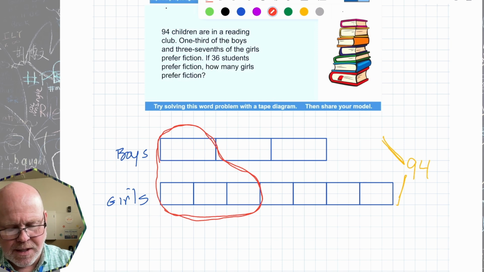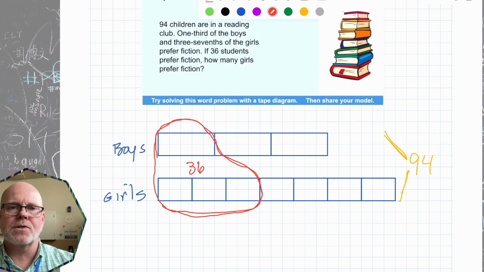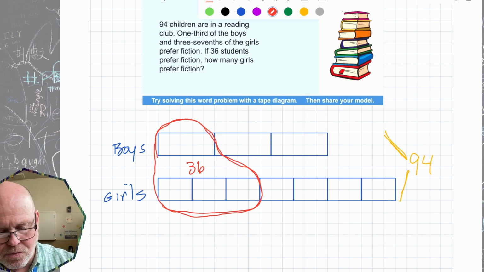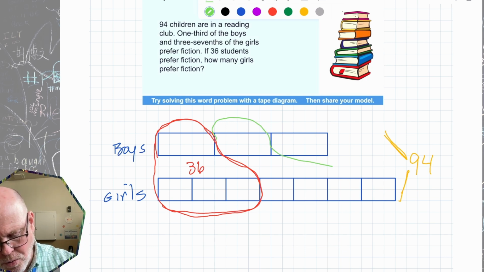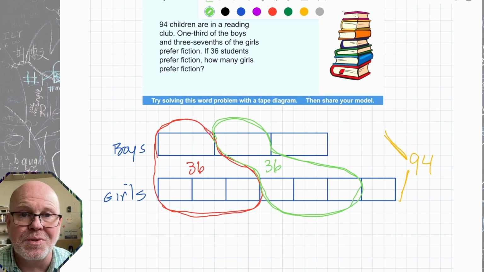And that's 36 students. So 1 boy unit plus 3 girl units equals 36 students, which means if I circle another boy unit and another 3 girl units, all of this equals 36 students.